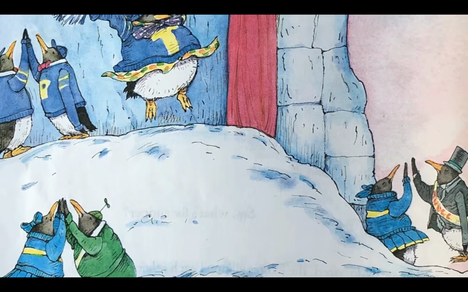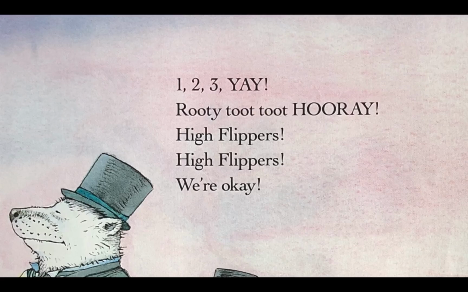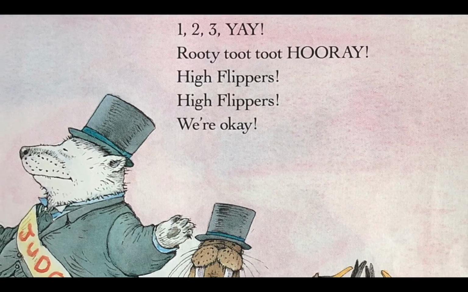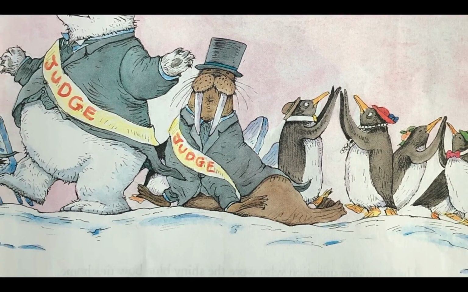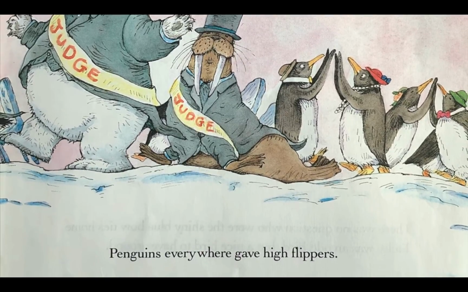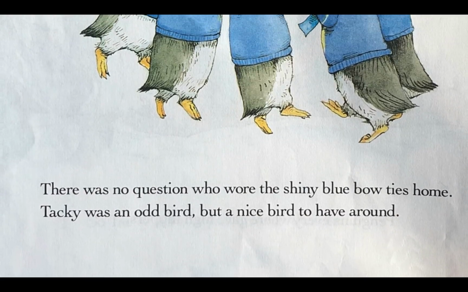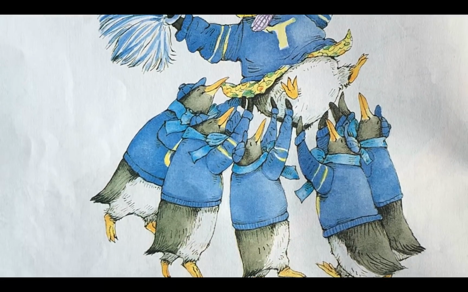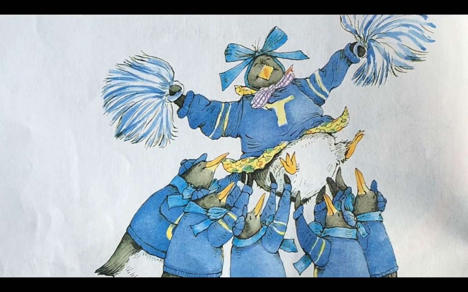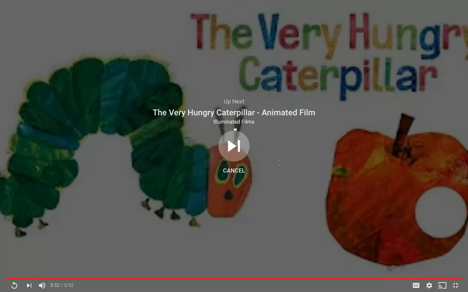So Tacky led everyone in a third cheer. 1, 2, 3, yay, Rudy, toot, toot, hooray, high flippers, we're okay. Penguins everywhere gave high flippers. There was no question who wore the shiny blue bow ties home. Tacky was an odd bird, but a nice bird to have around.